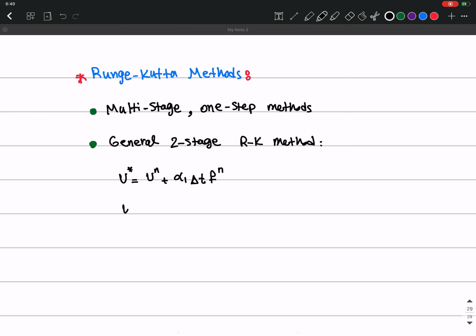And then the next stage, Un plus 1, is Un plus delta T times alpha 2 Fn, f at time n, plus alpha 3 F star.